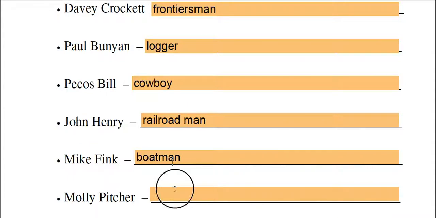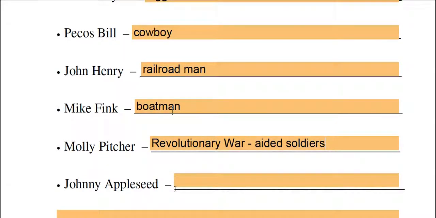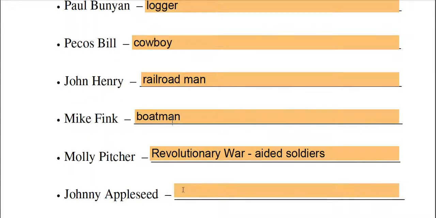was a boatman. Molly Pitcher, I believe she was actually a real person. Revolutionary War, she aided soldiers. And then Johnny Appleseed, he was a real man. He planted apple trees and he spread the gospel.